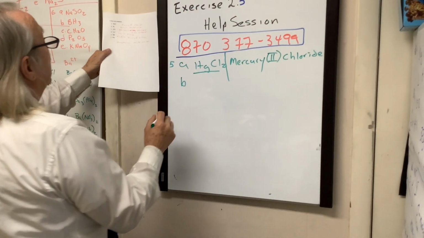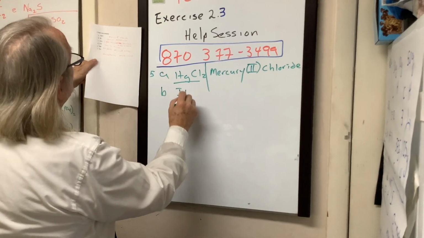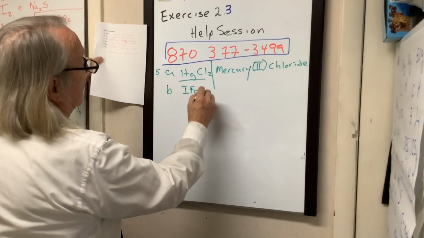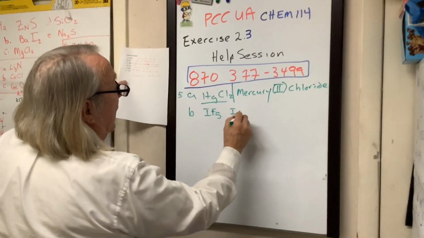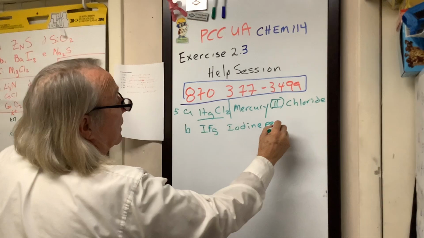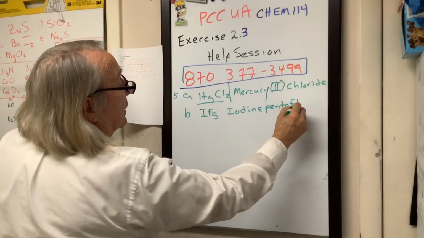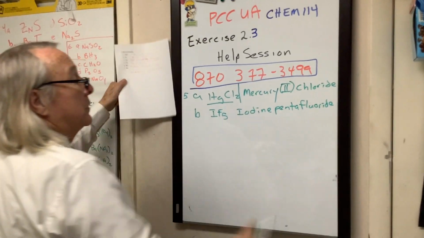For B, it's iodine pentafluoride, IF5. And so it goes by the name iodine pentafluoride, because in fluoride the U comes first.